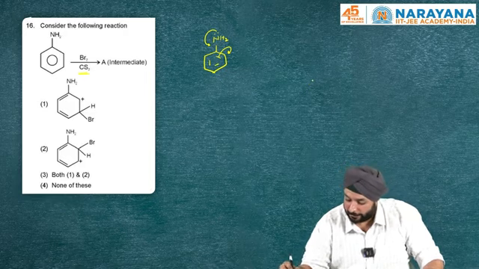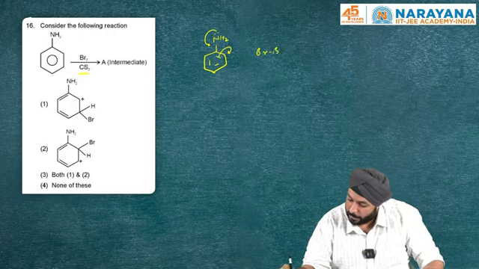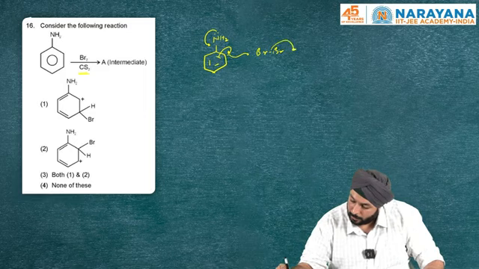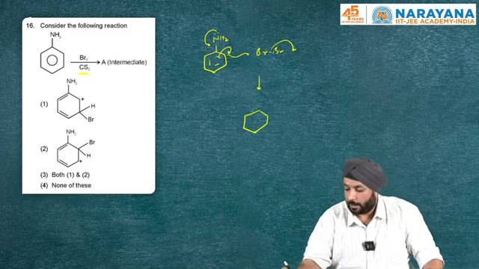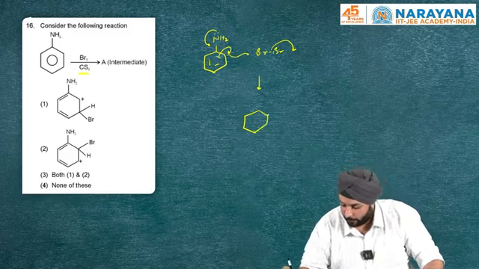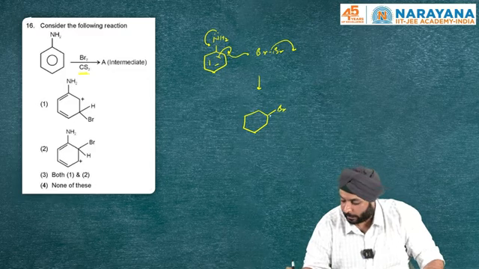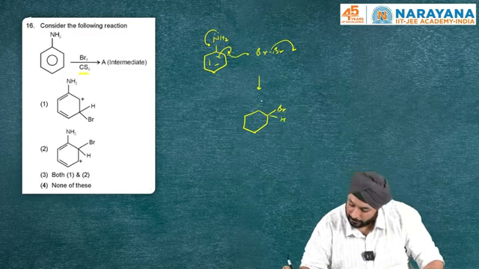Now, because of the negative charge, it will attack Br2, Br plus will attack the ortho position, and Br minus will leave.